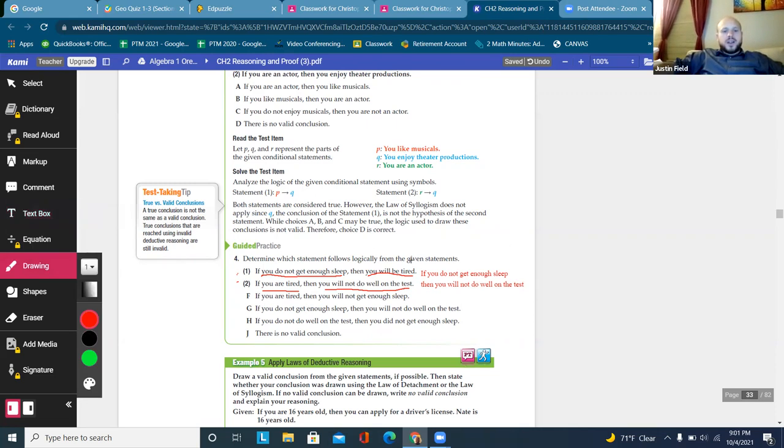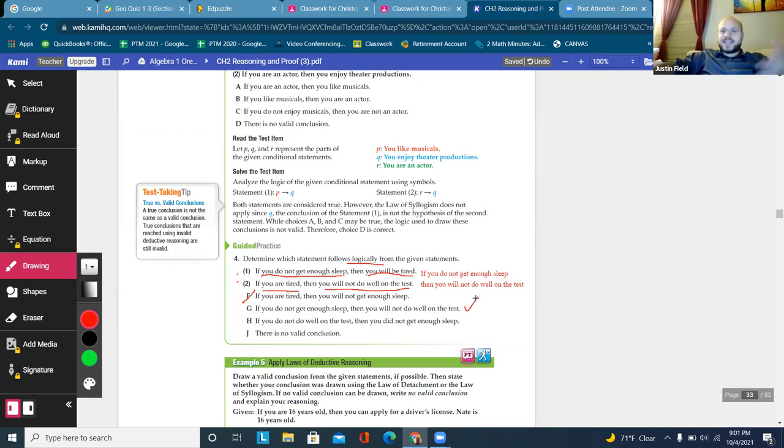Okay, so now let's see if we have some logic. If you are tired, then you will not get enough sleep. Okay, no, that's backwards. It might be true, but it's backwards there. If you do not get enough sleep, oh, that's our original hypothesis, then you will not do well on the test.